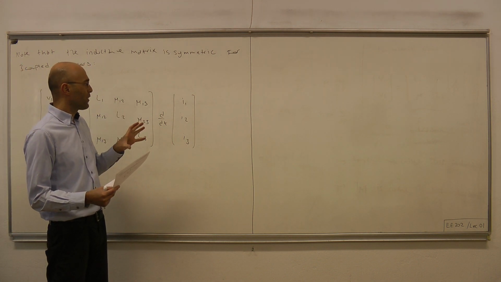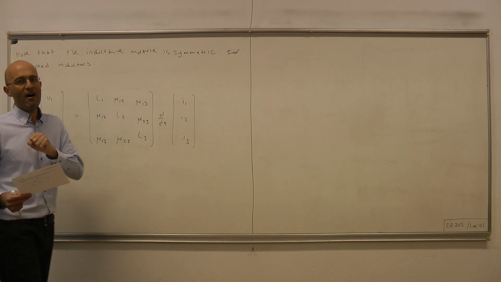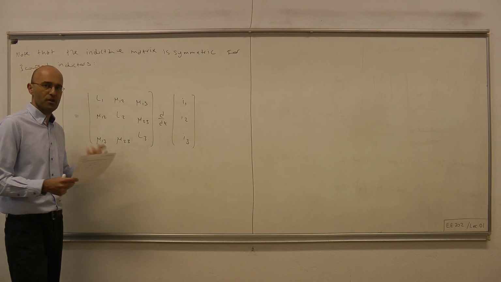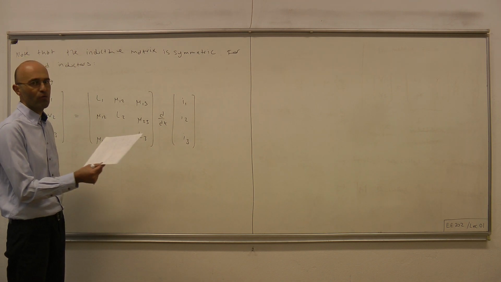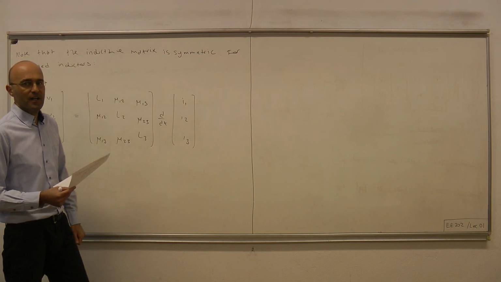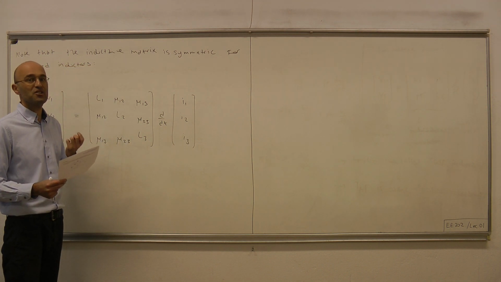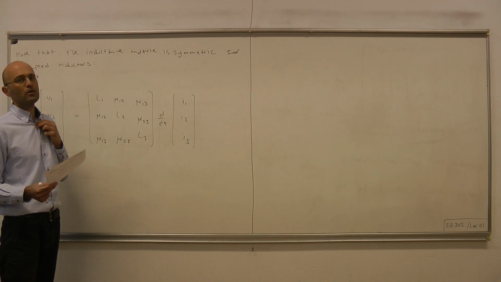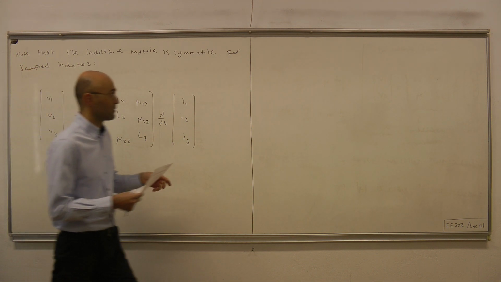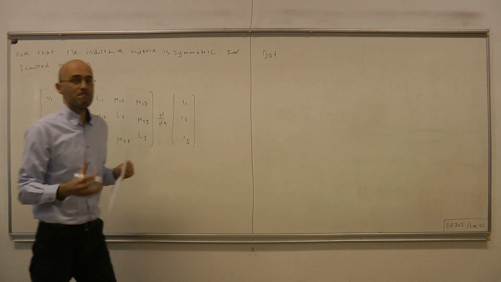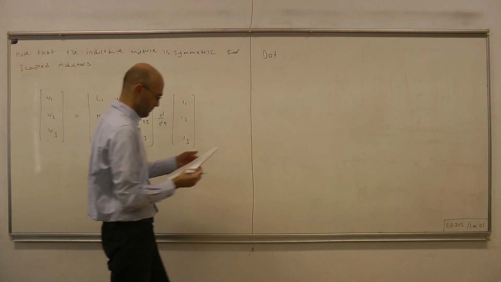And that orientation in the physical device should somehow be communicated in the circuit diagram. When we represent this as a diagram in a circuit, that representation is done through the so-called dot convention. So we're going to define and talk about the dot convention.